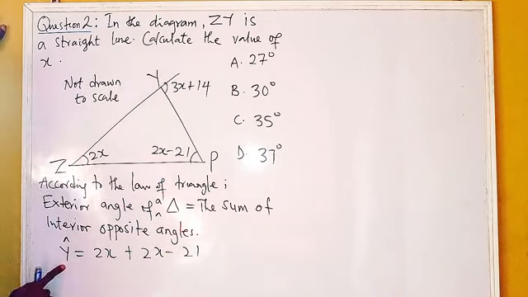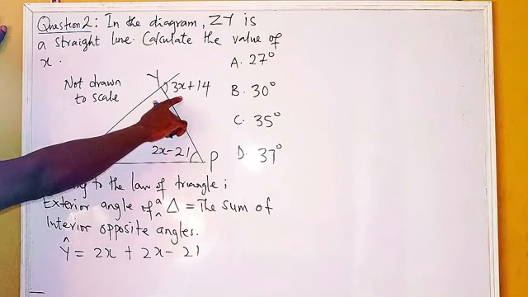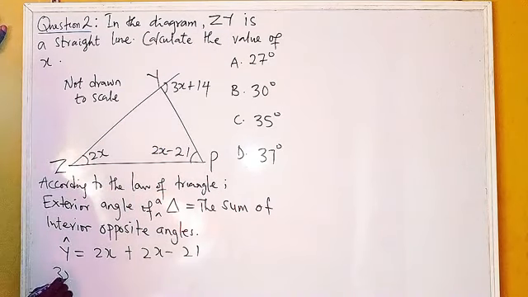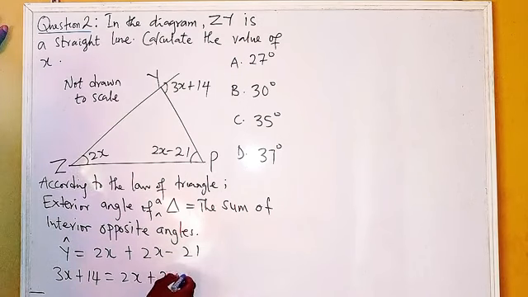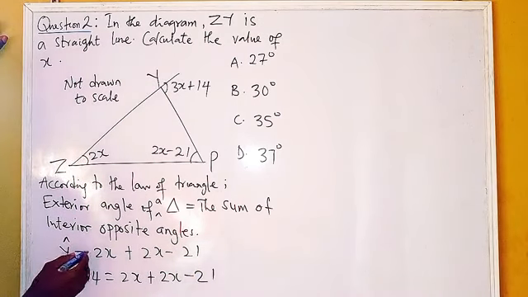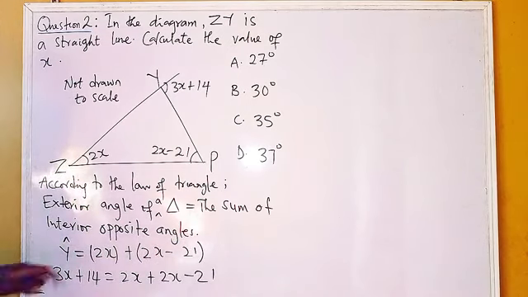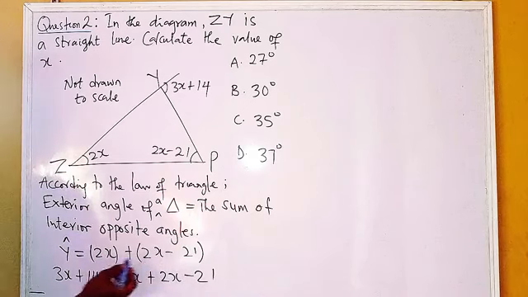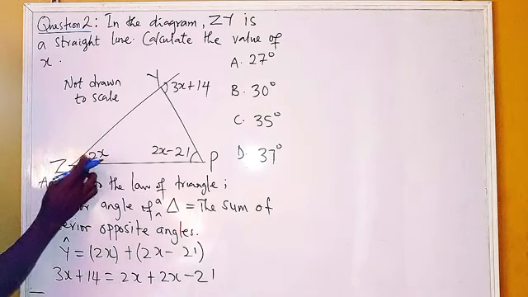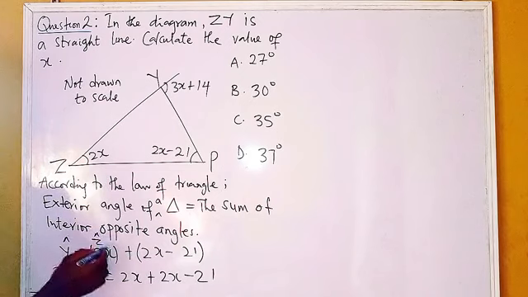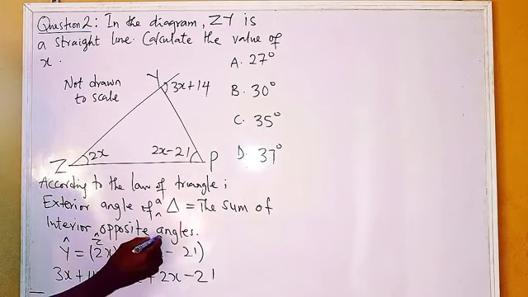So now this angle that is found outside, which is the exterior angle, is 3x plus 4, which equals 2x plus 2x minus 21. So now don't make the mistake. These are two angles. This one here, which is angle Z, and this one is angle P, right?